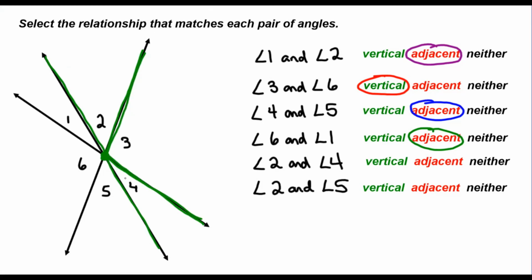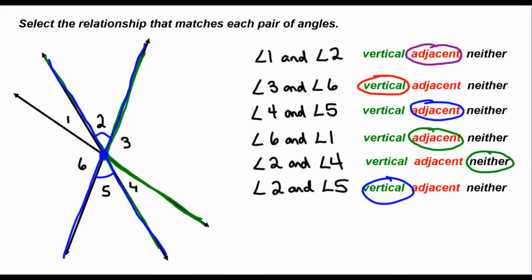So these two angles are not formed by two crossing lines. So this is not vertical. These are actually neither. There is no relationship here between angle 2 and angle 4. But if you look at angle 2 and angle 5, you can see I can form those two angles with two lines that cross. They are across the vertex from one another. So angle 2 and angle 5 are vertical.